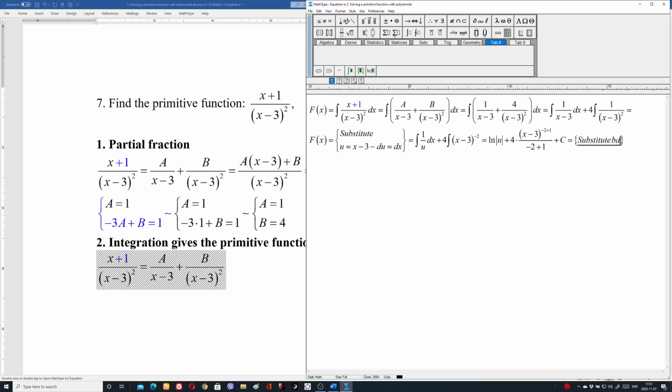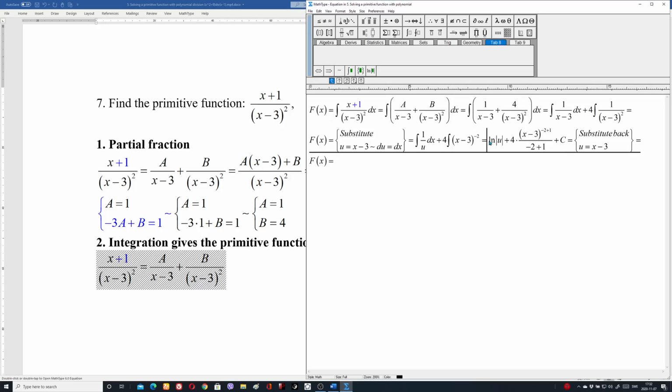I'm sorry, back. And I will substitute back u equal x minus 3, which gives f of x is equal.